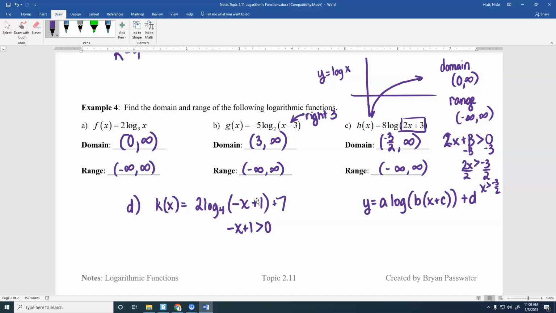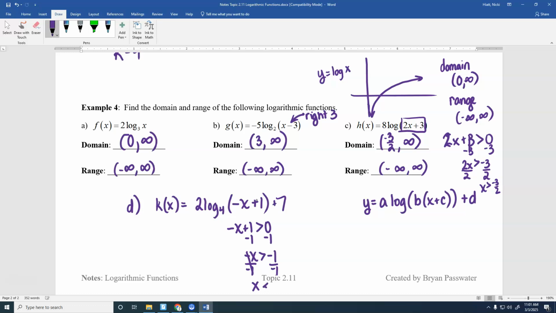Now, on this one, we're going to see it flip, because the first thing we would need to do is subtract 1. And so we got negative x greater than negative 1. What do I have to do now? I've got to divide by negative 1. And when I divide by a negative on an inequality, I've got to flip the sign.